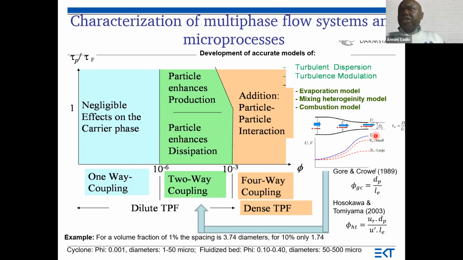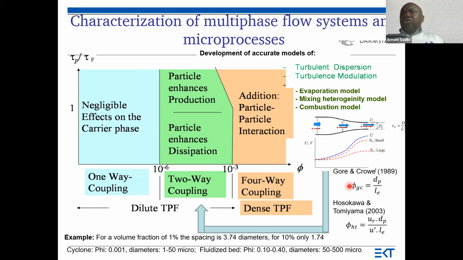And here, only to see how the Stokes number acts on the transport of particles. Here the particle follows the fluid flow, and here it is not influenced by the flow field.